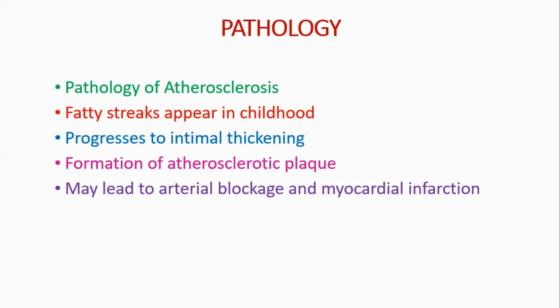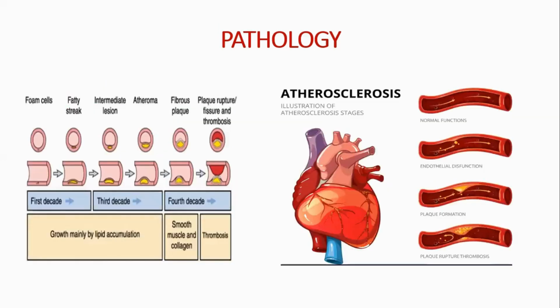Conditions such as hypertension, high LDL cholesterol, and low HDL cholesterol promote the formation of atherosclerotic plaques. As the disease advances, arteries may become narrowed or blocked, leading to reduced blood flow to the heart and eventually myocardial infarction or MI.